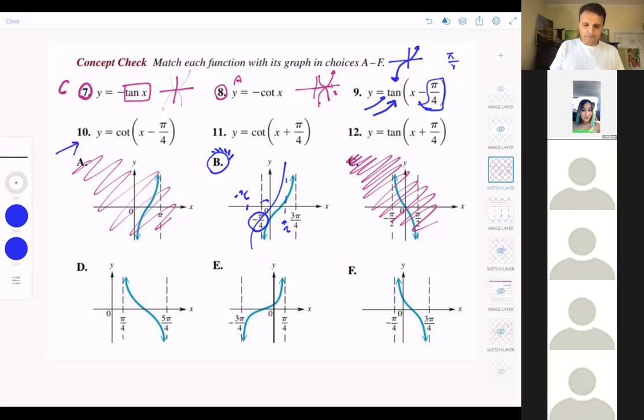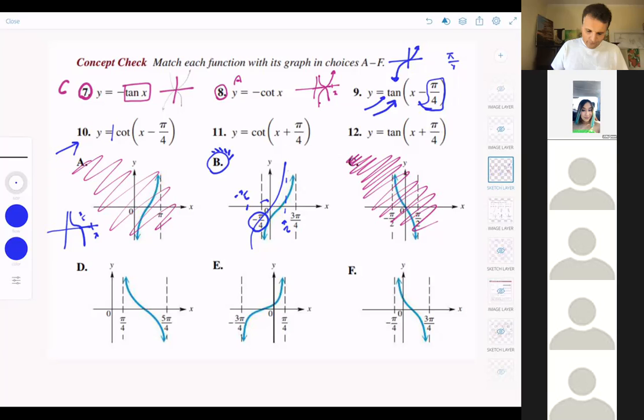And number 10, cotangent. You have the graph of cotangent, which is like this. This is pi, and this is pi half. What type of transformation is happening here? To the right, pi over 4. Yes, and which one do you think would be a good solution?